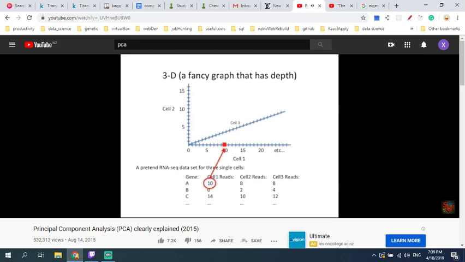And just like before, if we wanted to plot the data for gene A, we would go over to 10 for cell 1, up to 8 for cell 2, and then back 8 for cell 3. We then draw lines perpendicular to each axis to figure out where they all meet, and then we put a dot there. I'm not going to do too many examples of this because you get the idea.